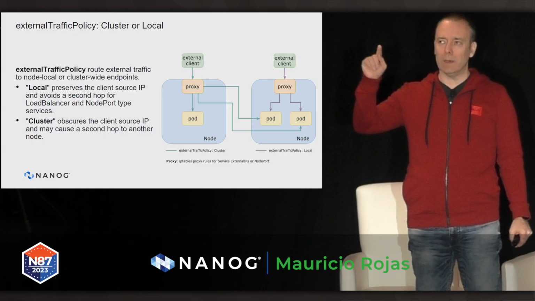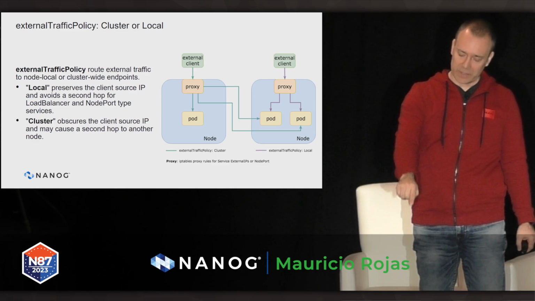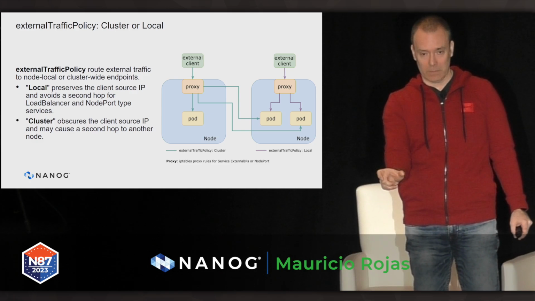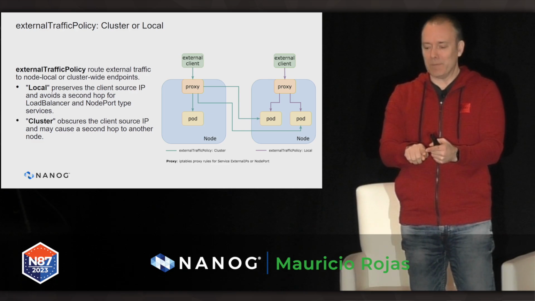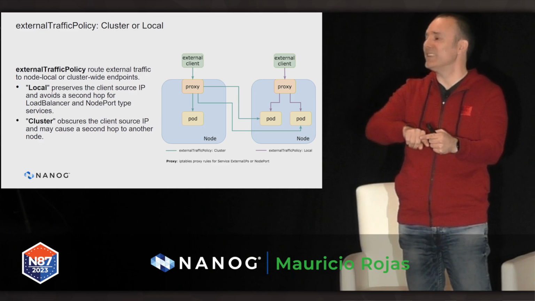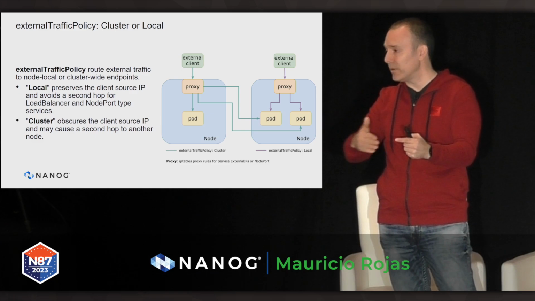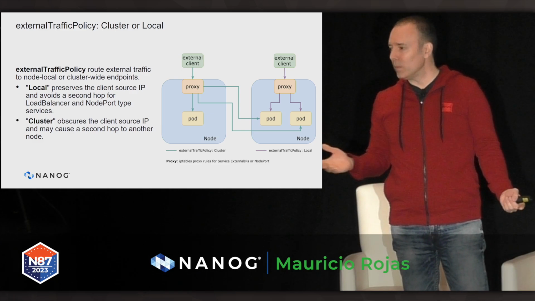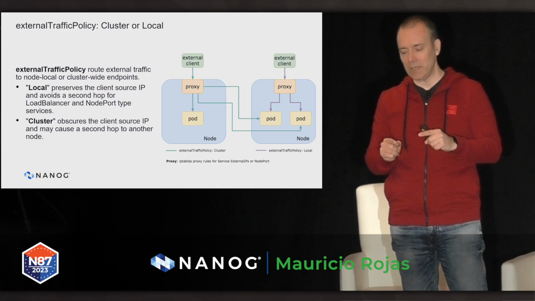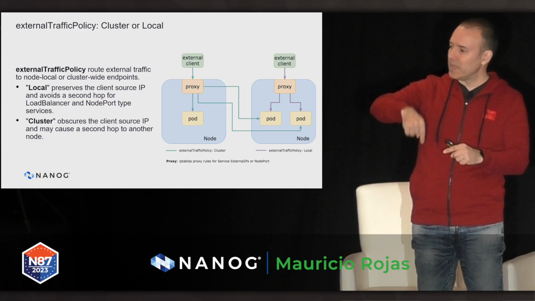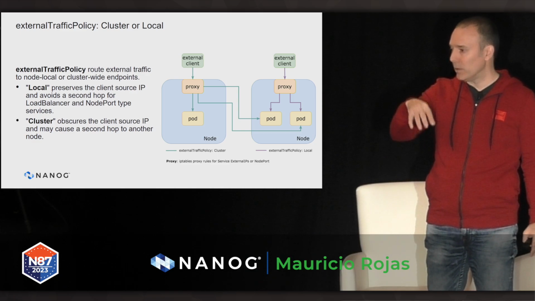For example, if the traffic from the load balancer is coming from a NodePort to a specific node to reach some cluster IP service that is the same IP in all the nodes, maybe because it's doing load balancing, it's going to do another load balancing, and maybe it's going to try to go to a different server, to a different pod, because it's part of the replicas. Then you can say, well, I don't want all the traffic circling that way, so I'm going to create a local traffic policy to keep everything in the same node. Then instead of going to another node, it's always going to stay in the same server with all the traffic.